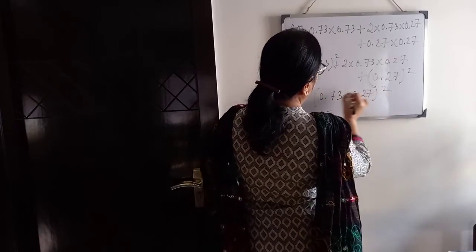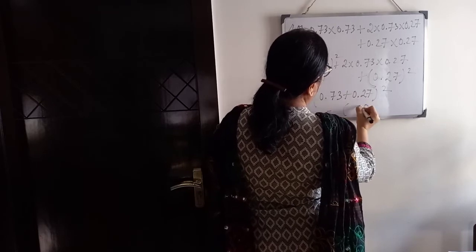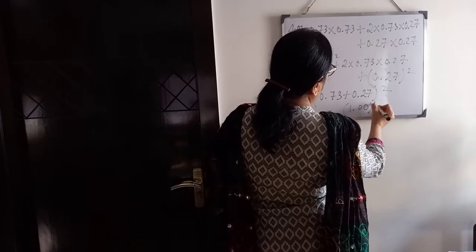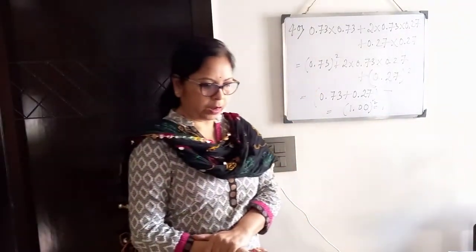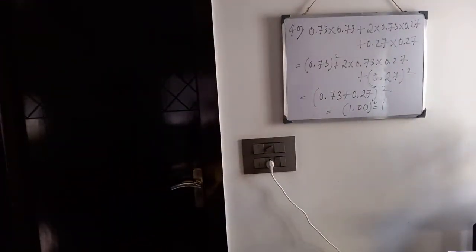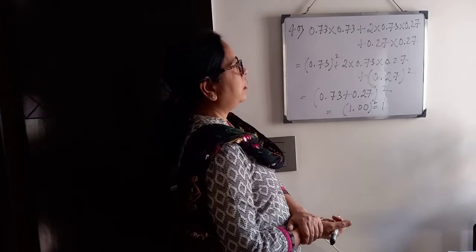Now after adding, what are we getting? 7, 3, 10. 1 whole square means it is coming 1. Clear? So what have we done here?